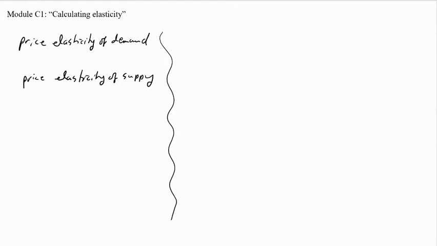It's simpler to say all of this in symbols. The price elasticity of demand, we can abbreviate, and what we're saying is that a percentage change in price is going to lead to a percentage change in quantity.